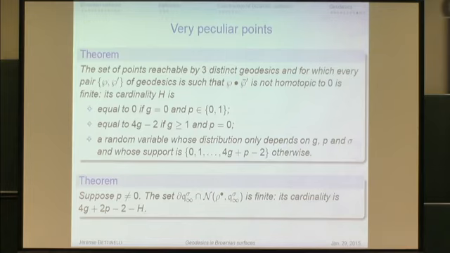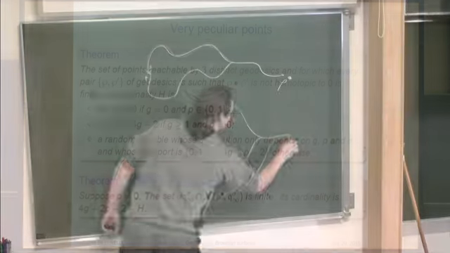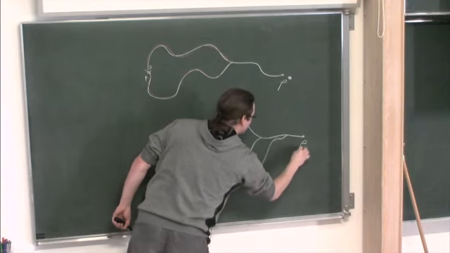Okay? And so let me just finish by looking at even more peculiar points. I told you that there are at most 3 distinct geodesics. And we looked at the points for which there exist 2 different geodesics forming a loop not homotopic to 0. We can also look at the points where you have 3 distinct geodesics, and such that every pair of geodesics you take will make a loop that is not homotopic to 0. So you have these points, where you have 3 geodesics always aiming at the same dot.